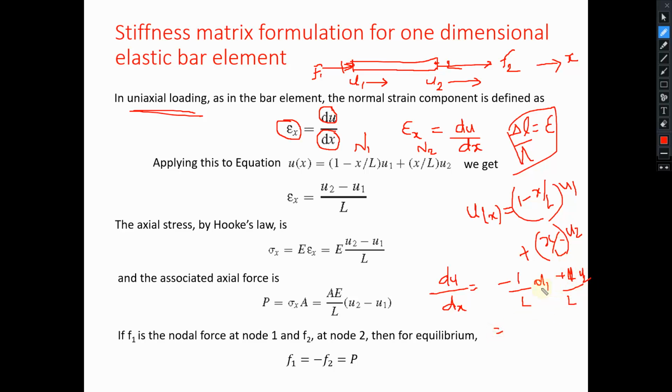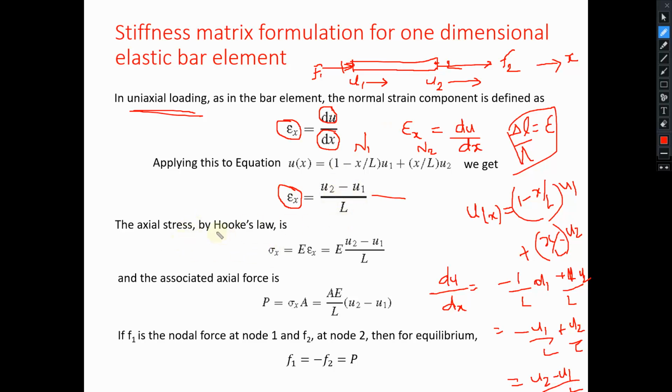So that is equal to minus u1 by L plus u2 by L is equal to u2 minus u1 by L എന്ന് നമുക്ക് എഴുതാൻ പറ്റും. അതാണ് ഇവിടെ എഴുതിയിരിക്കുന്നത്. So the epsilon x, or the strain along the x direction, is equal to u2 minus u1 by L.